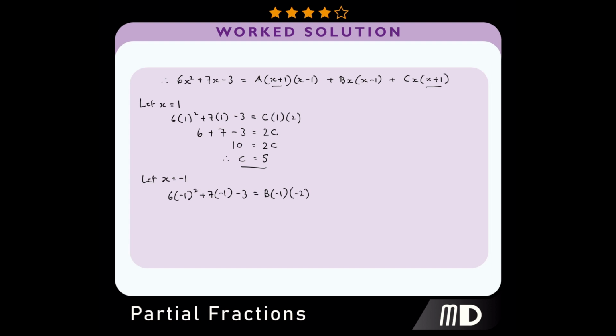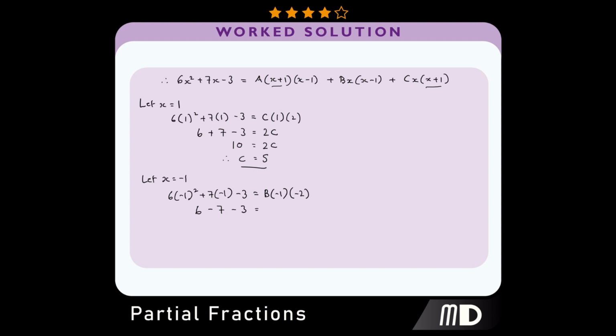So let's tidy that up. 6 times minus 1 squared, which is 1, is 6. 7 multiplied by minus 1 is minus 7.